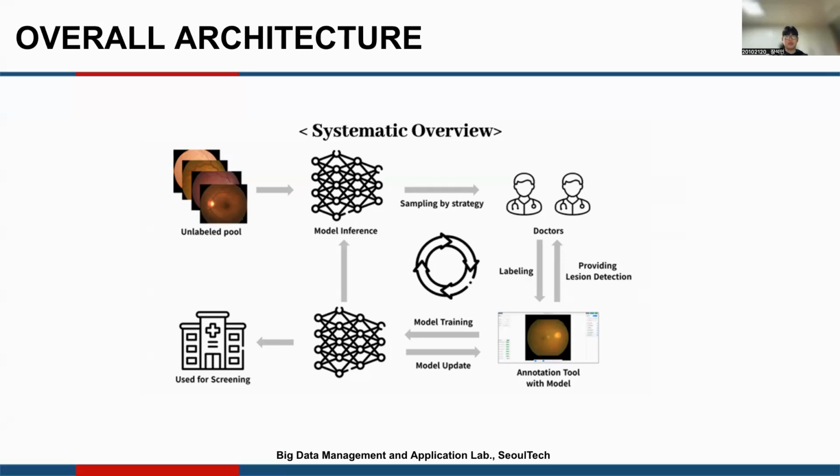The annotated images are fed back into the training pipeline to update the model. The updated model is also integrated into the annotation platform to provide initial predictions, which reduces annotation time for clinicians. Ultimately, the improved model aims to be used in real-world clinical workflows.